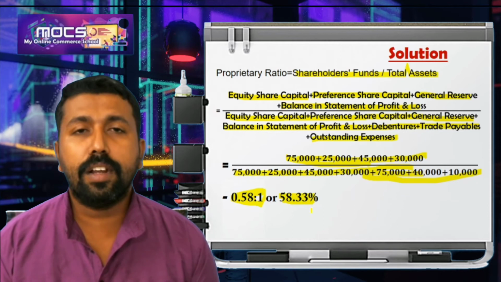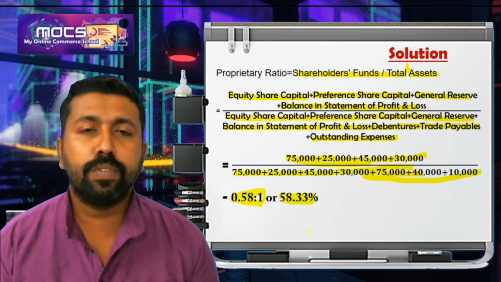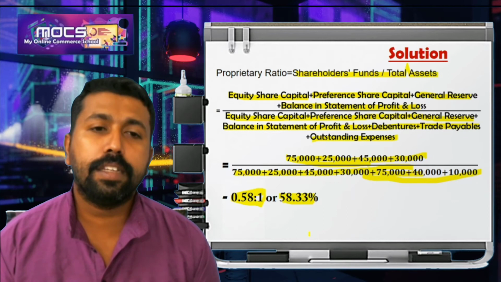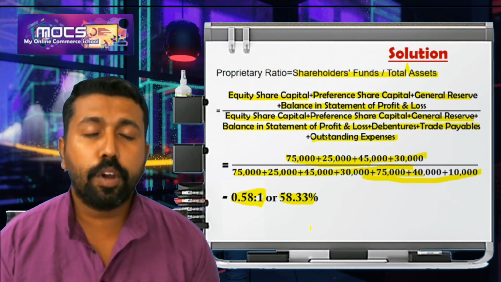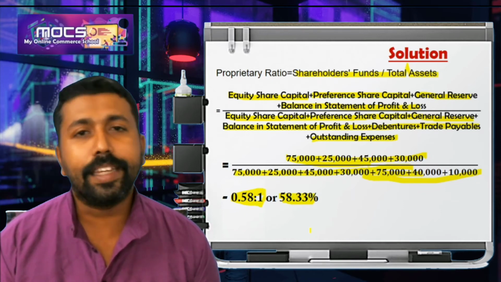So my dear students, it's very important to remember this ratio. Keep in mind the equation shareholders fund divided by total asset, and you can score maximum 4 marks plus 2 or 3 objective type questions will be there from this area.